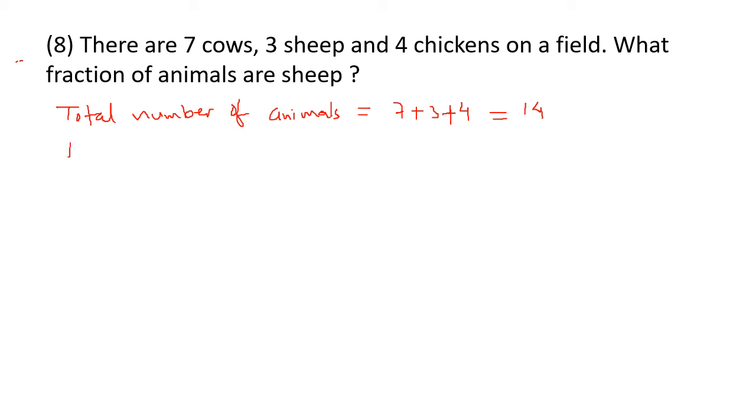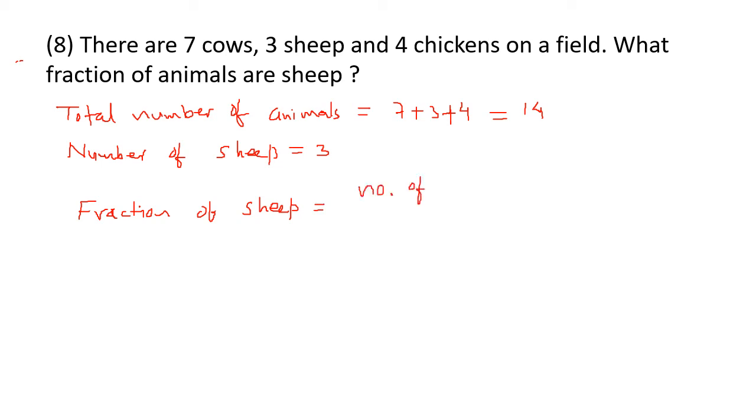And the number of sheep are just 3. It's just 3. So the fraction of sheep will be simply the number of sheep, you can write it like a formula, divided by the total number of animals.